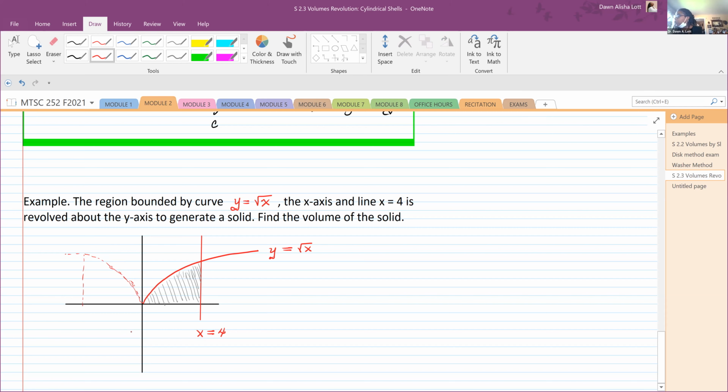All right, so now I'm going to pick an x. I already know that here's an x in my region, and I am going to find the side of the cylinder or the shell. So there's the side of the shell at my arbitrary x. Because I'm revolving the side of the shell, it appears on the other side. When I revolve it, there is my cylinder.